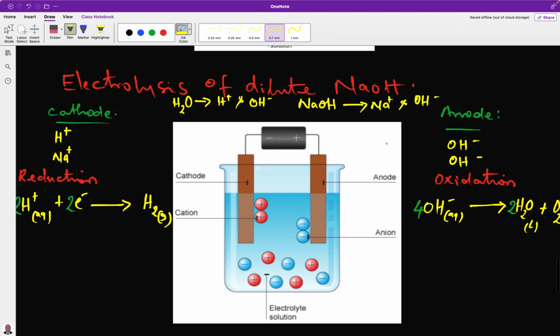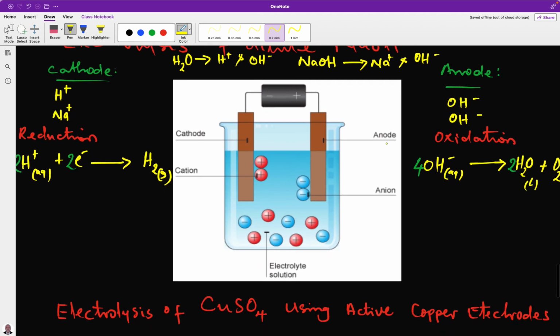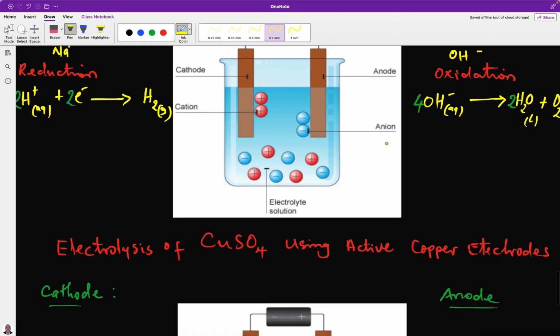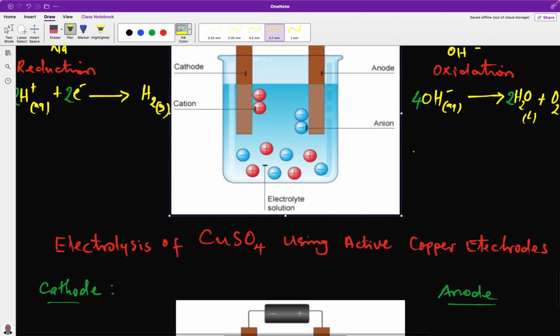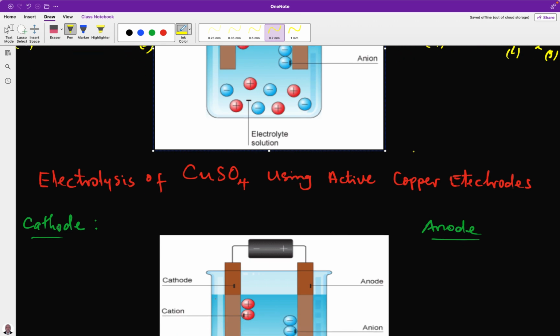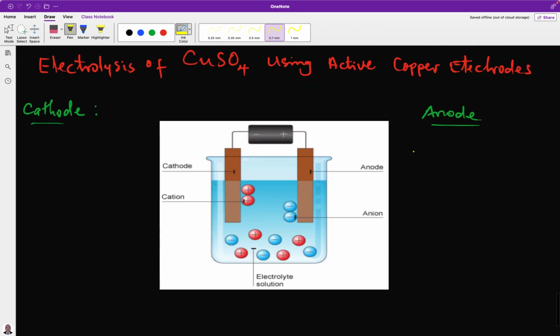It takes us to the next step, which is electrolysis of copper sulfate using active copper electrodes.